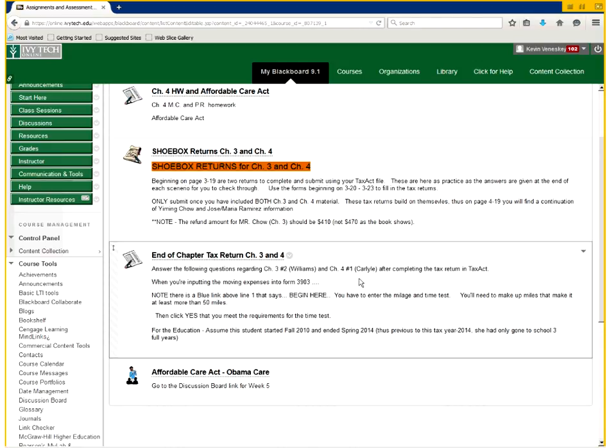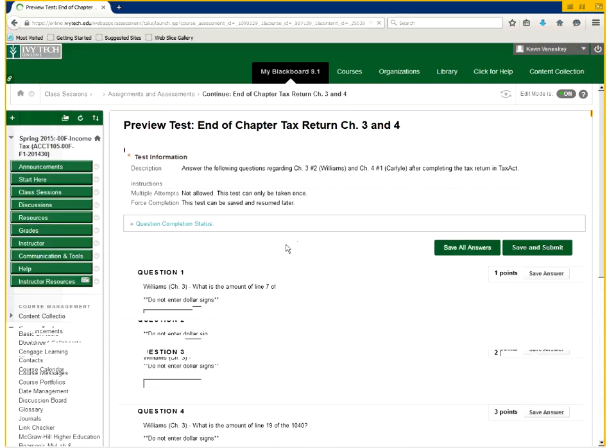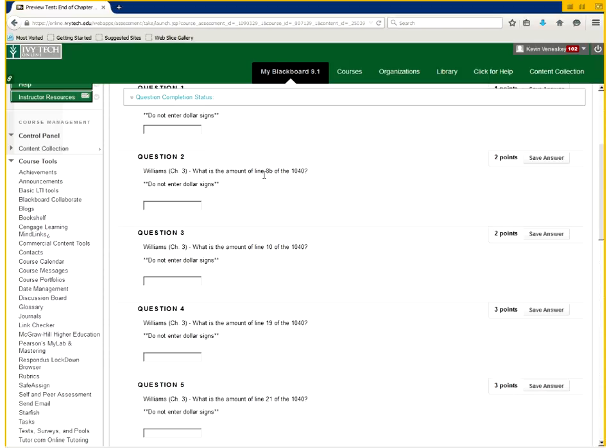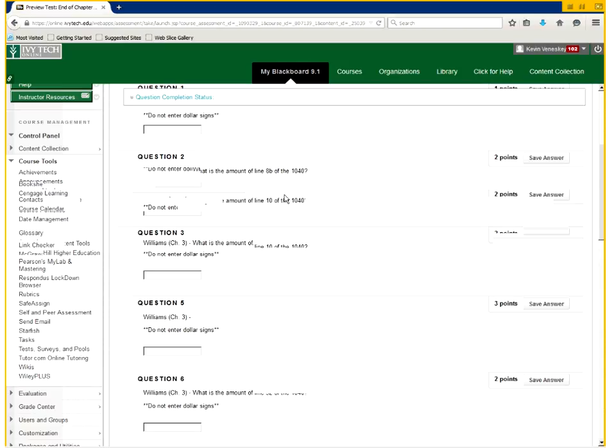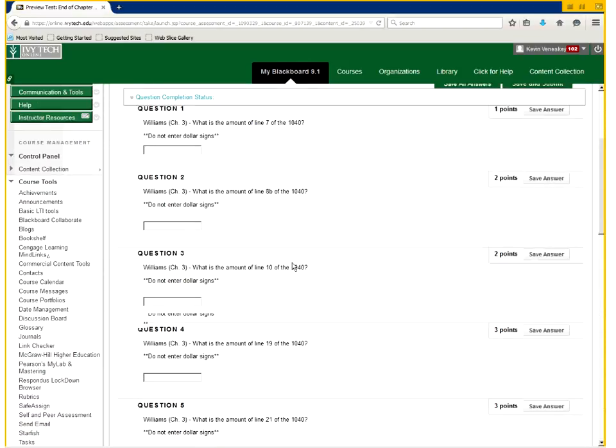So just to make sure you're paying attention, sometimes there isn't anything, and the answer could very well be 0 for a couple of your end of the chapter return answers. Like maybe line 8B, maybe there really wasn't any interest. And if there wasn't, then you would put in 0 there for the Williams Chapter 3 question. I'm not saying there is or isn't, just that could have been one of the items.